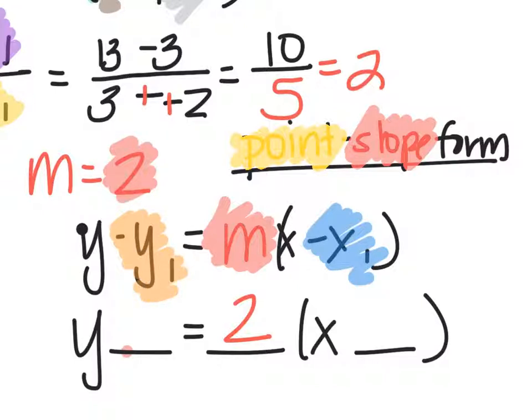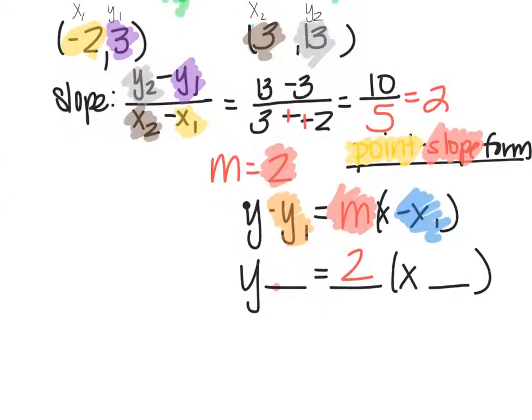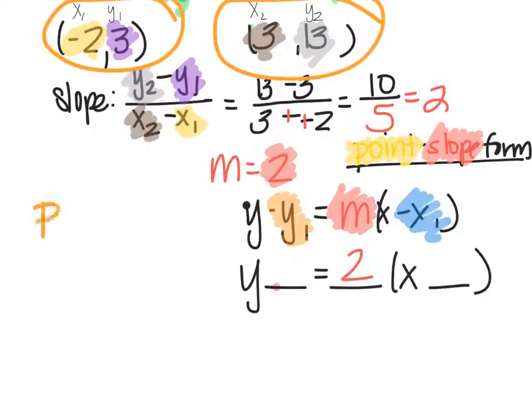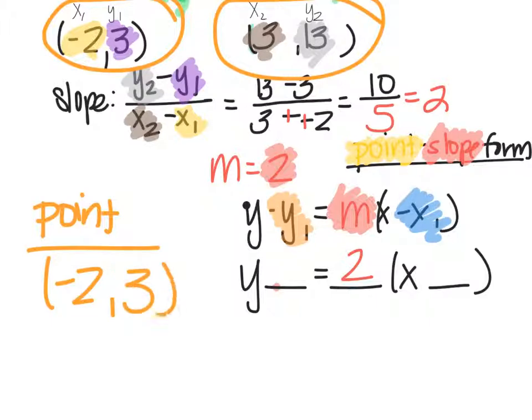Well, we were given originally 2 points. We were given the point -2, 3, and we were given the point 3, 13. It does not matter which point you choose, so I'm going to choose the point -2, 3 to help me figure out what x1 and y1 are. Well, I know that my y value here is +3, so that's what I'm going to put in place of y1, but I always switch signs, so it's really going to become -3.